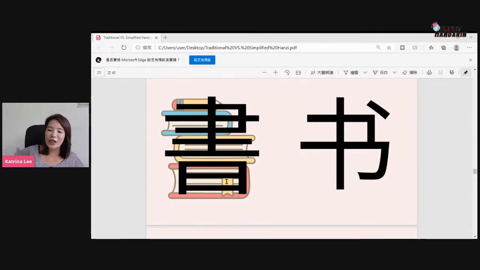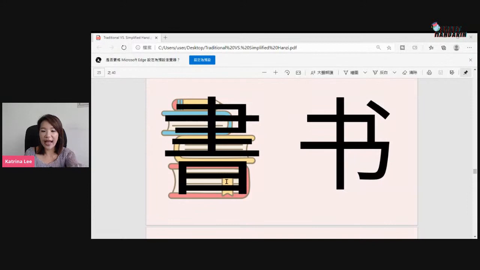One day I said, don't you think that simplified ones are easier to recognize and understand? And surprisingly, my French student told me, no, I think traditional ones are easier to understand and recognize because more strokes, more components give me more clues to understand the meaning of the word.